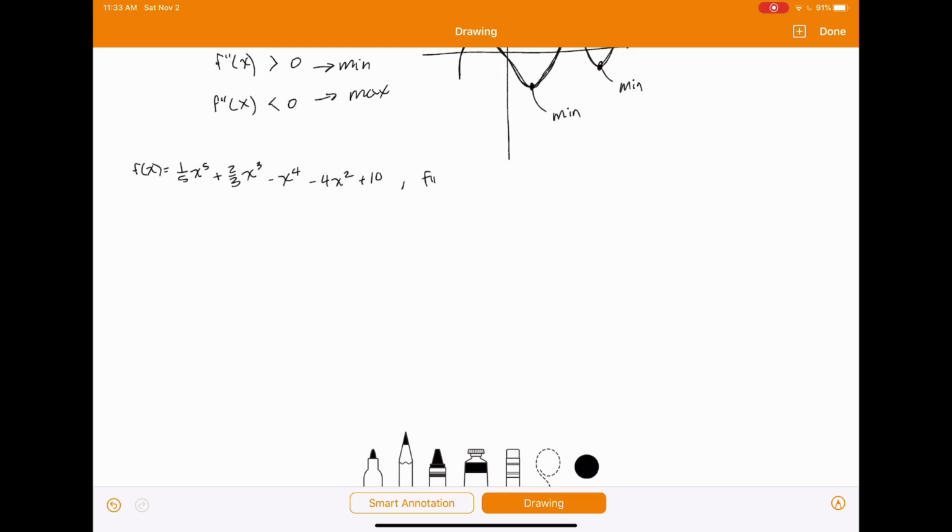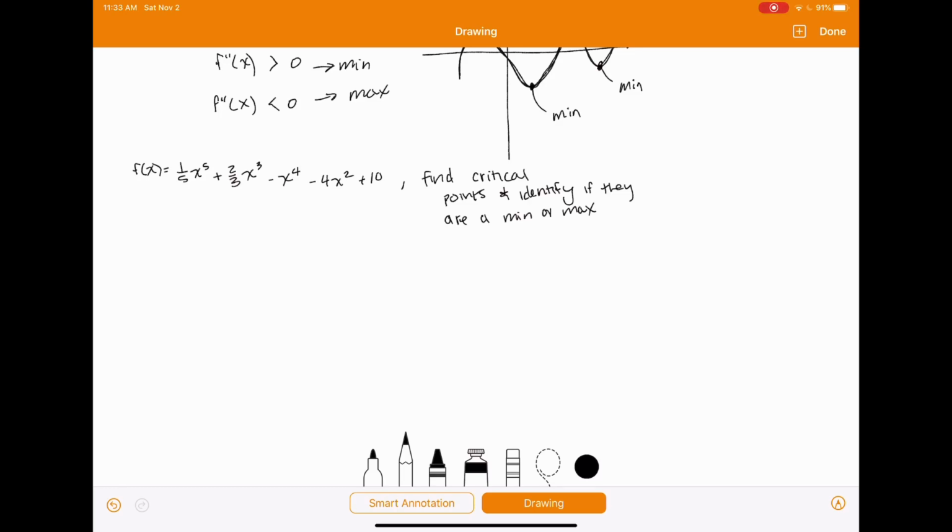And we want to find the critical points and identify if they are a min or max.